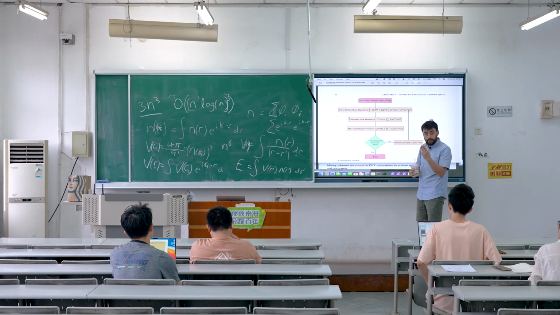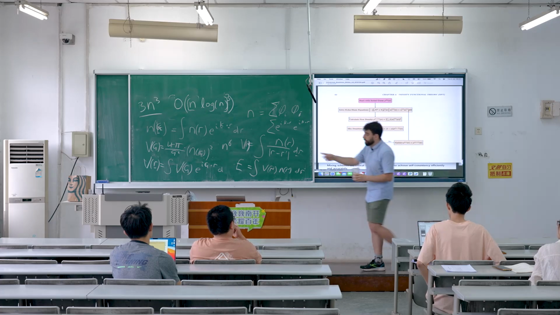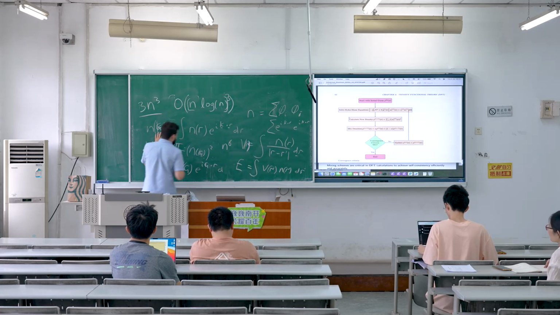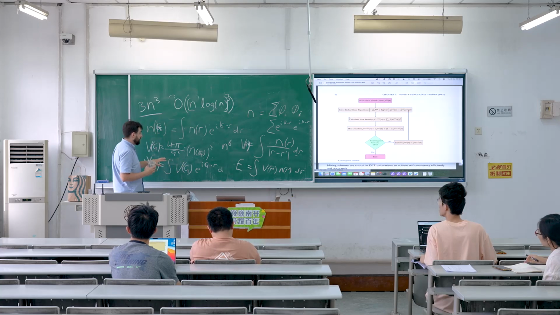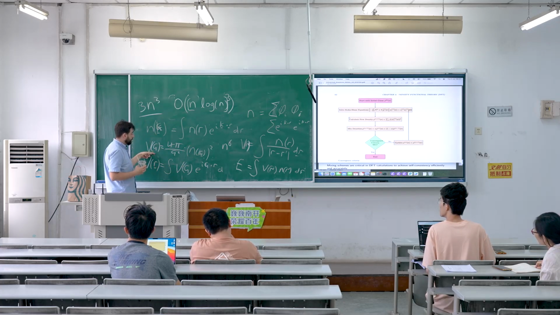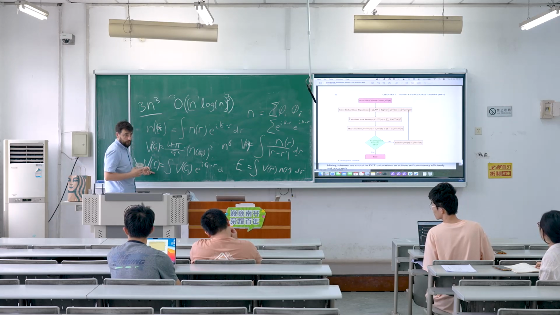Those 3 terms, we feed the density into them. As we've got written here, we take our guess density, Fourier transform it, calculate the Hartree potential, and inverse Fourier transform to get our Hartree potential in real space.